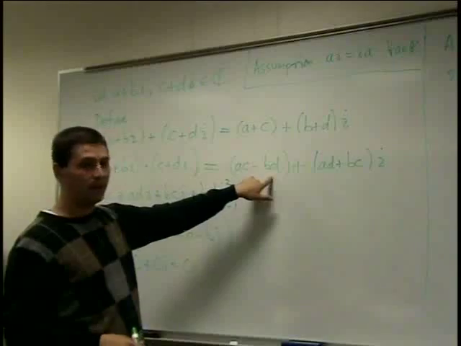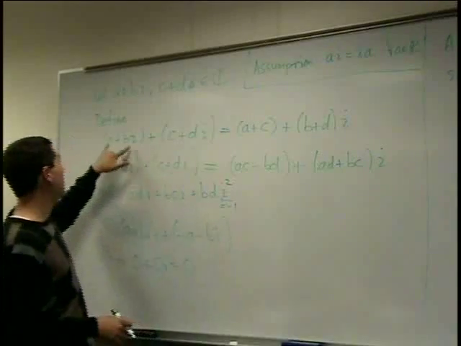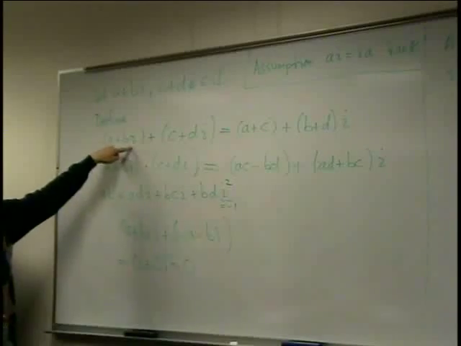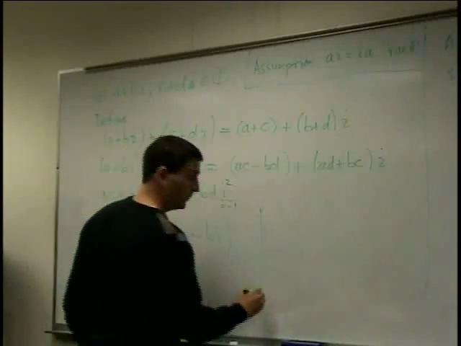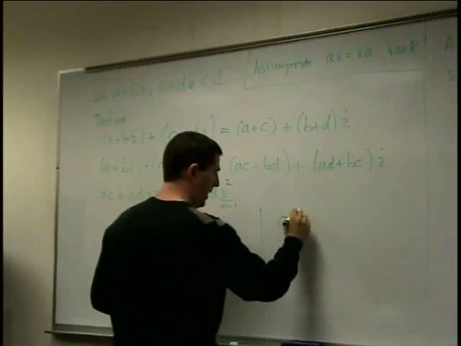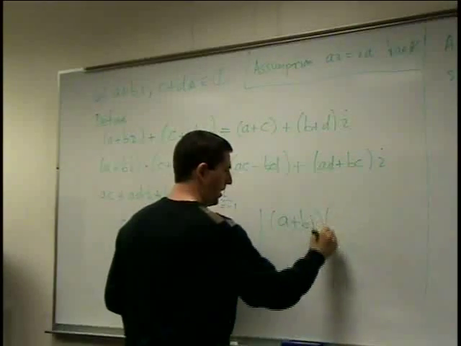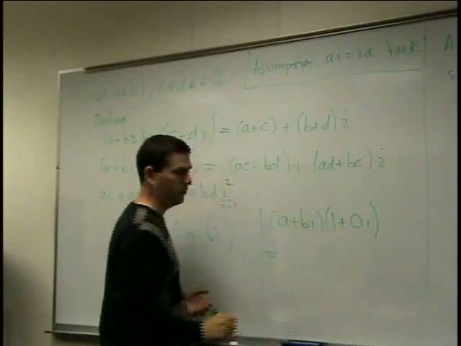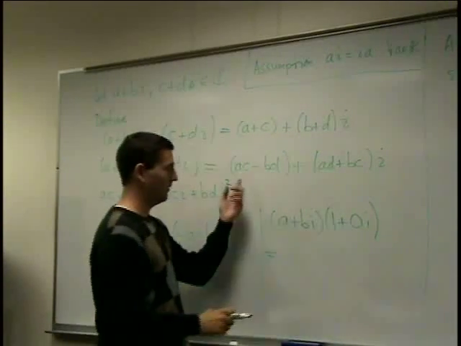What about an identity element? What can you multiply by a plus bi and get out a plus bi? 1 plus 0i, which we just write as 1. Let's check. a plus bi times 1 plus 0i. We'll do it really pedantically and follow the definition.